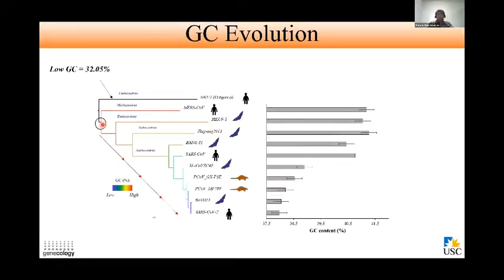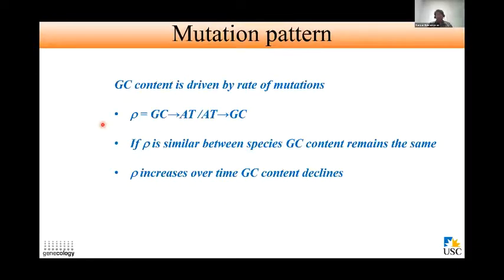Next, what's causing this GC decline? Usually the GC content is driven by the difference in the rate of mutations. Here we have the rate of mutations changing GC to AT and in the reverse direction. This ratio is what we call rho.